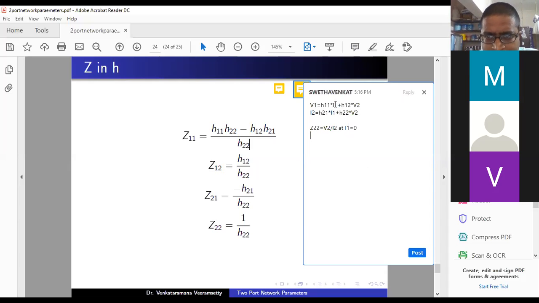Keep I1 equal to 0 in both. Then the first two equations become V1 equal to, this term will be 0, we have H12 multiplied with V2. Similarly, I2 equal to, this term will become 0, and we have H22 multiplied with V2. Now, V2 by I2 I want.